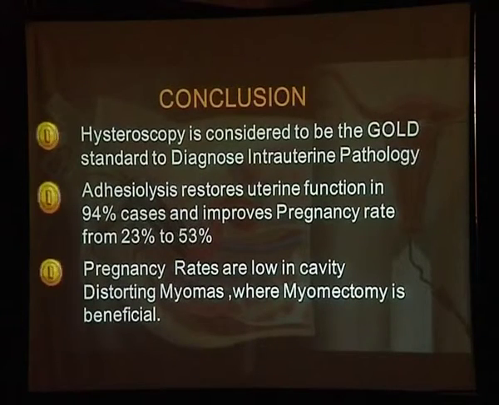About the conclusion: hysteroscopy is considered the gold standard to diagnose intrauterine pathology. Adhesiolysis restored uterine function in 94 cases and improved pregnancy from 23 to 53%. Pregnancy rates are low in cavity-distorting myomas, where myomectomy is beneficial.